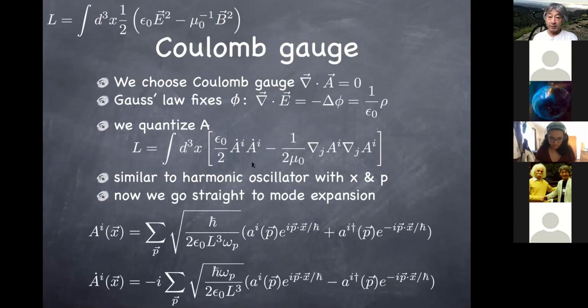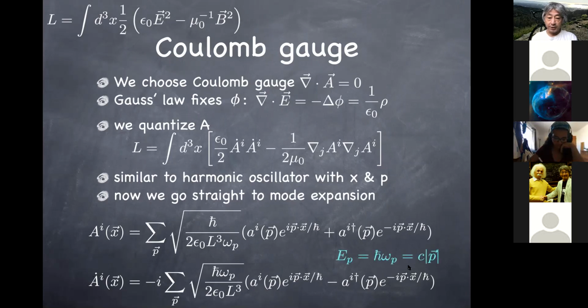But the idea is what I just said. A is meant to be X of harmonic oscillator, so it's a sum of annihilation and creation operator. And A dot is supposed to be the analog of P in harmonic oscillator, so it's the difference between annihilation and creation operator. So that's the way we expanded this field operator A in terms of creation annihilation operator.